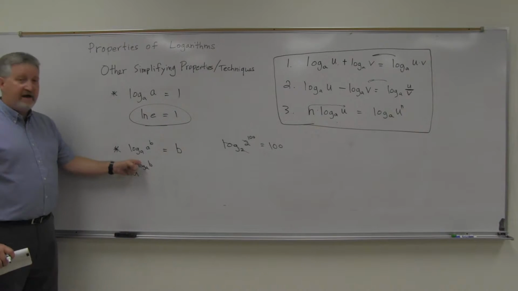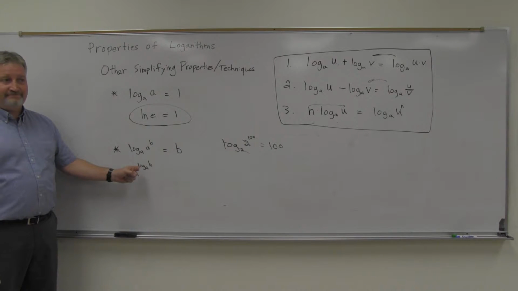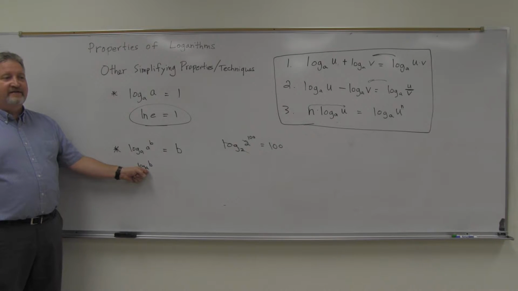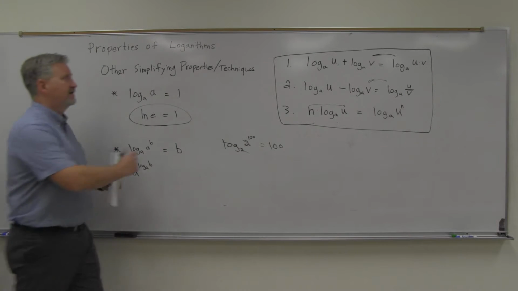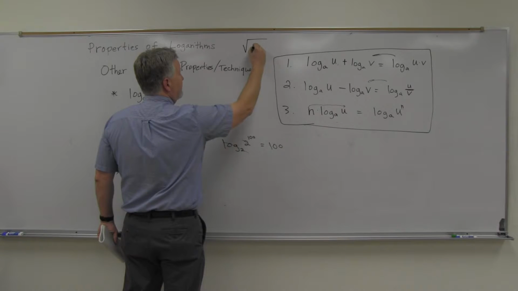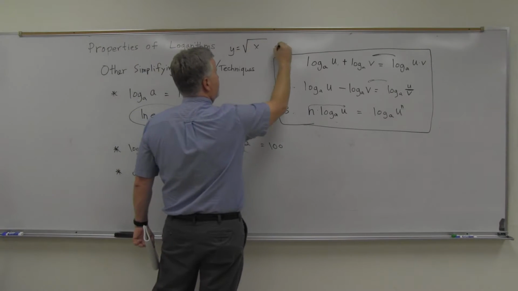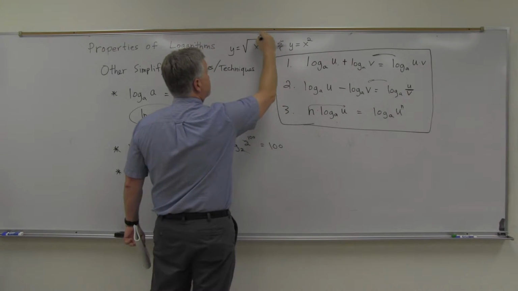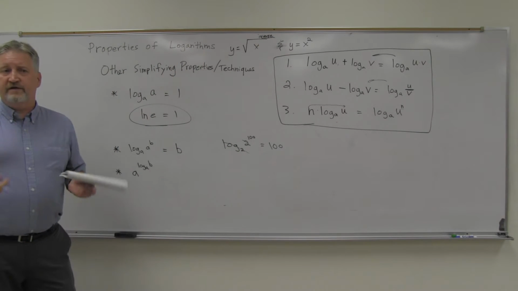I've got A to a power, but the power is a logarithm, and the logarithm is base A. Again, those are inverse functions, and inverse functions cancel one another out. Here's what I mean by that: the square root of x and y equals x squared. Those are inverse of one another.